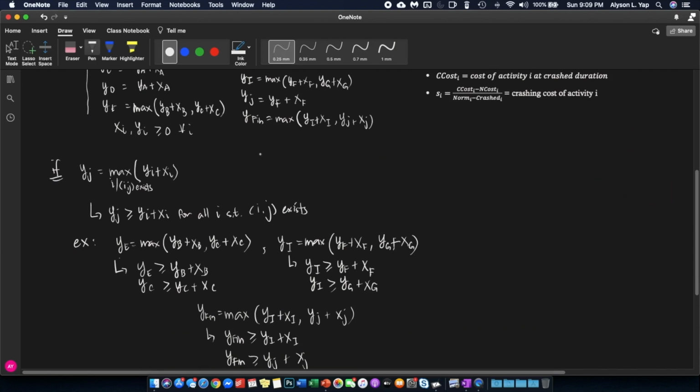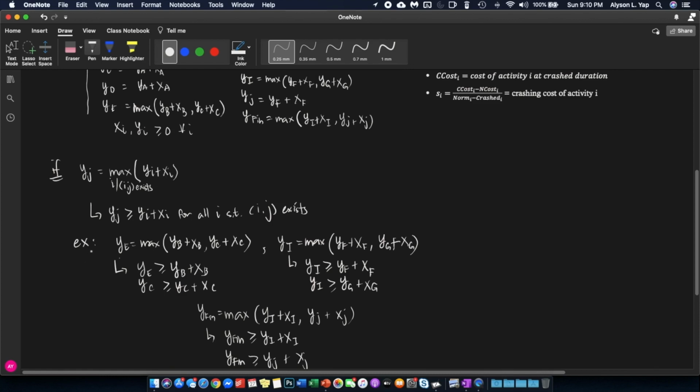If you have this constraint in your model, we can easily convert this to a linear programming model by adding several constraints, one constraint per node i. And what is a constraint? You need to say y sub j is greater than or equal to y sub i plus x sub i for every i.